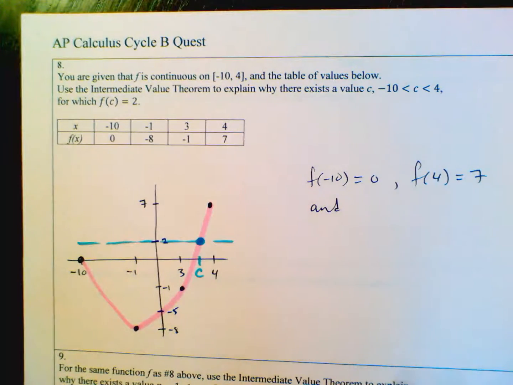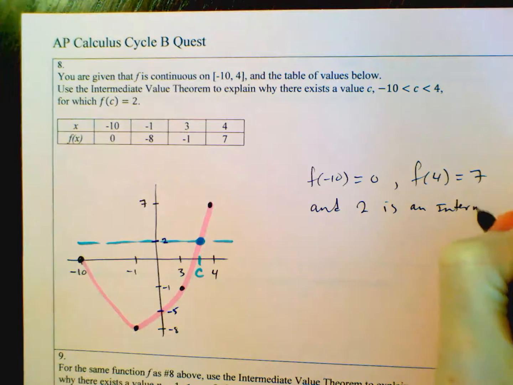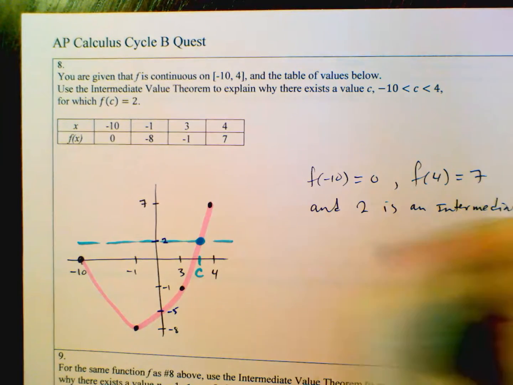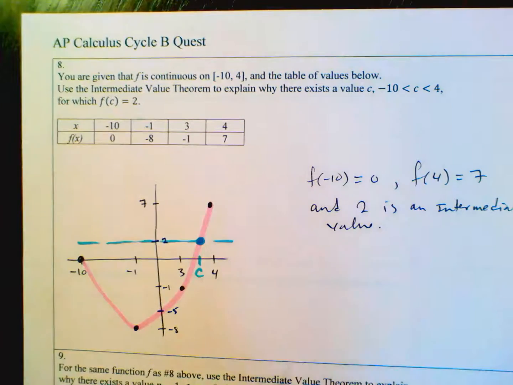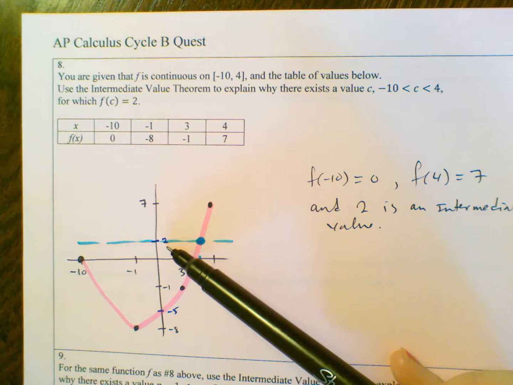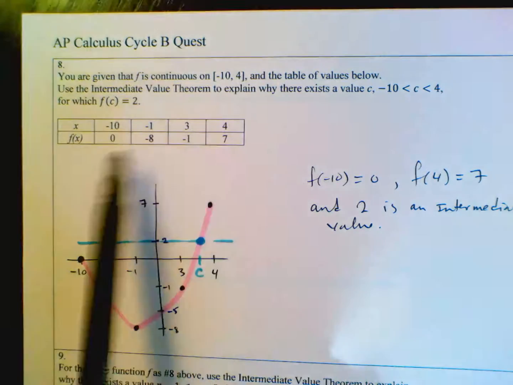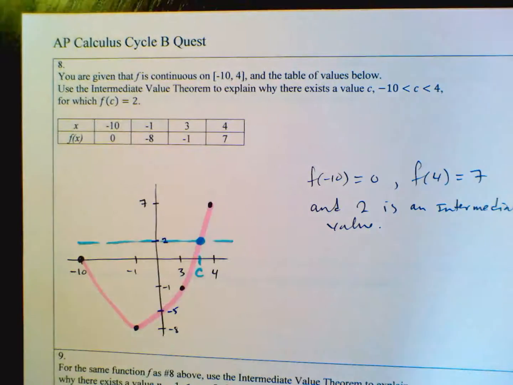And 2 is an intermediate value, meaning that this number 2 is between the outputs of the endpoints of this function.